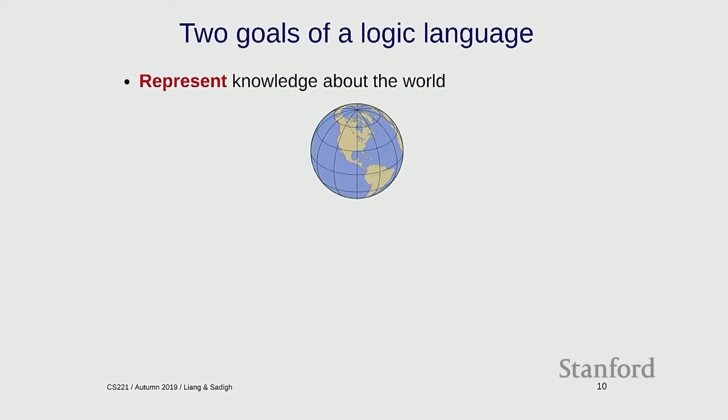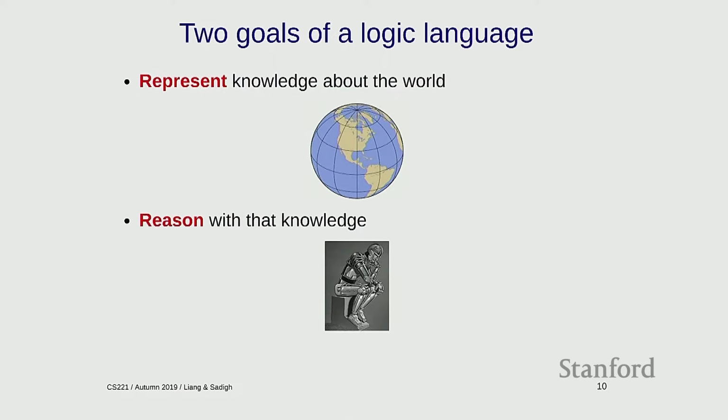In a logical language, we want to have two properties. First, the logical language should be rich enough to represent knowledge about the world. Secondly, it's not sufficient just to represent the knowledge, because a hard drive can represent knowledge, but you have to be able to use that knowledge to reason with it.